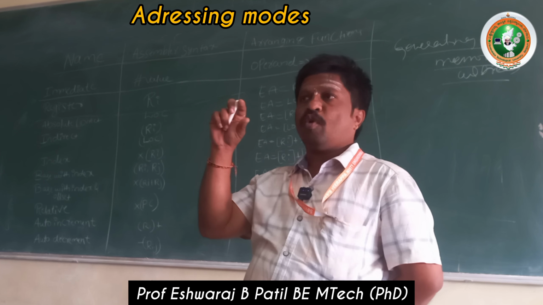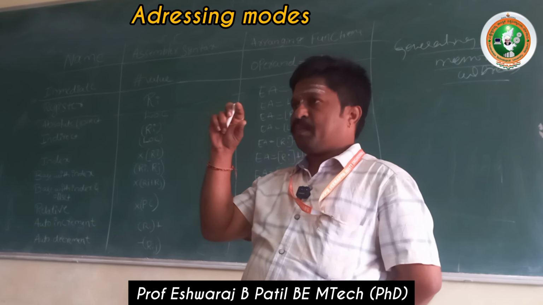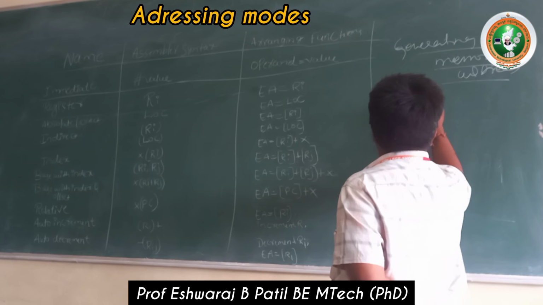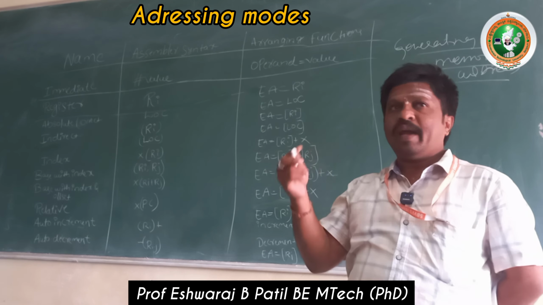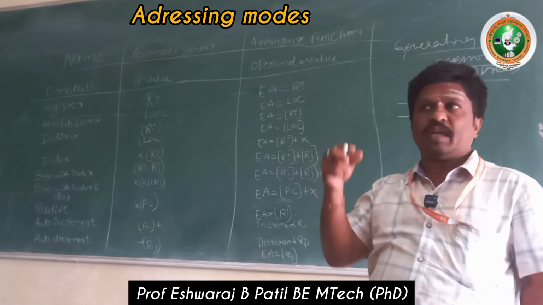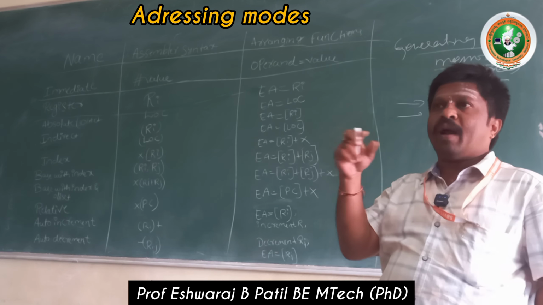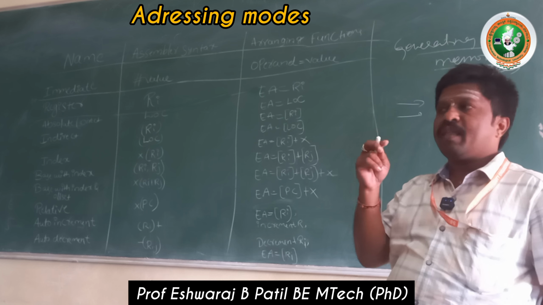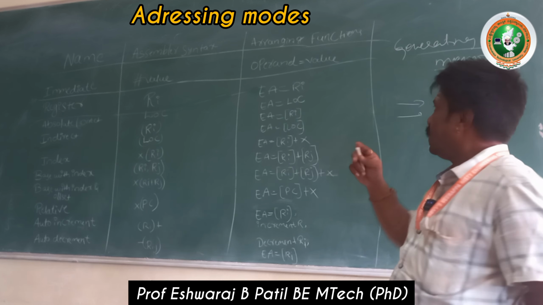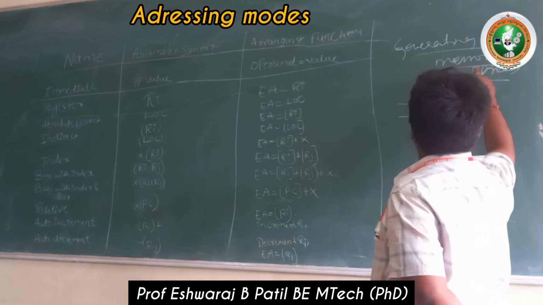The add instruction will be used every time for the addition of the n numbers. Every time, the address of that particular add instruction will be changing. We get different types of addresses. This is called the generating of the memory addresses.